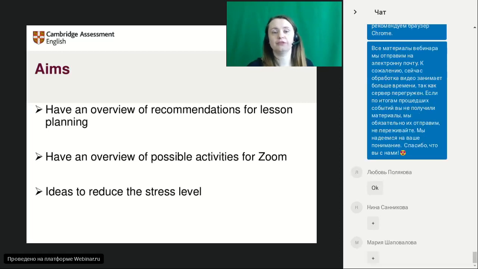Unfortunately, even though a lot of different tools exist, we sometimes need to limit ourselves to the Zoom platform only and try to get the best out of it.